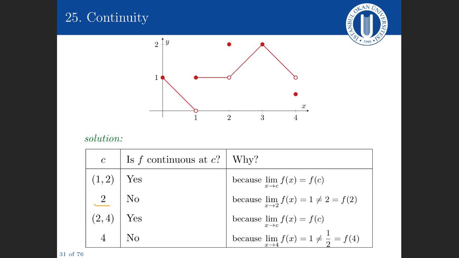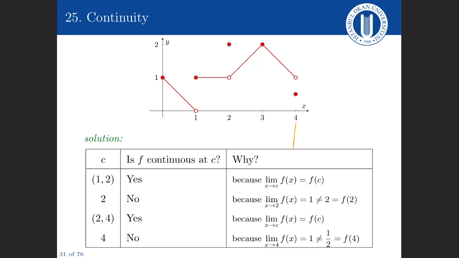What about at 2? Is the function continuous at 2? And the answer is no. The limit exists and is equal to 1. F of 2 exists, and f of 2 is equal to 2. But these are different numbers, so the function is not continuous at 2.